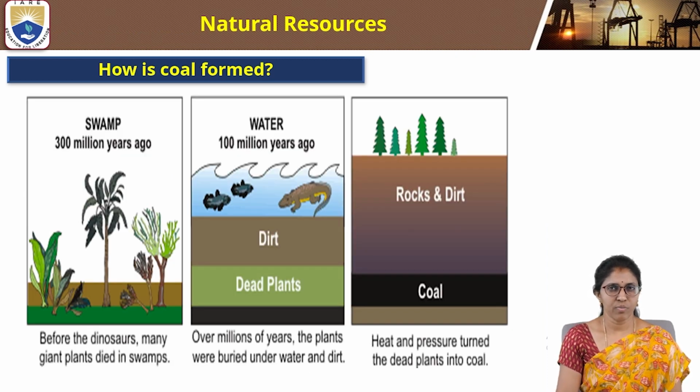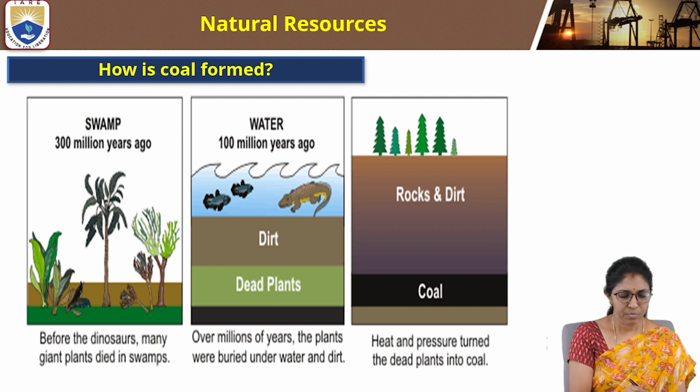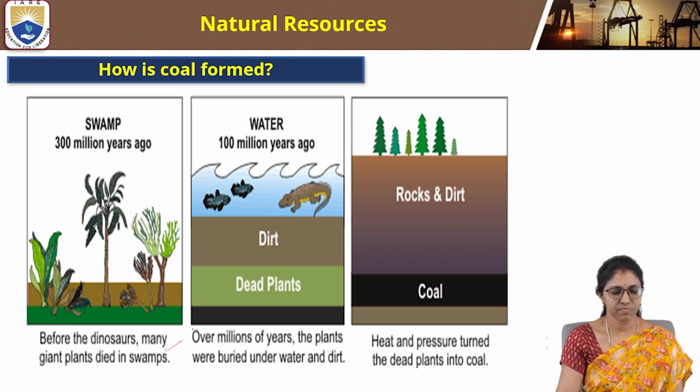So how is coal formed? Before the dinosaurs, about 300 million years ago, many giant plants died in swamps.